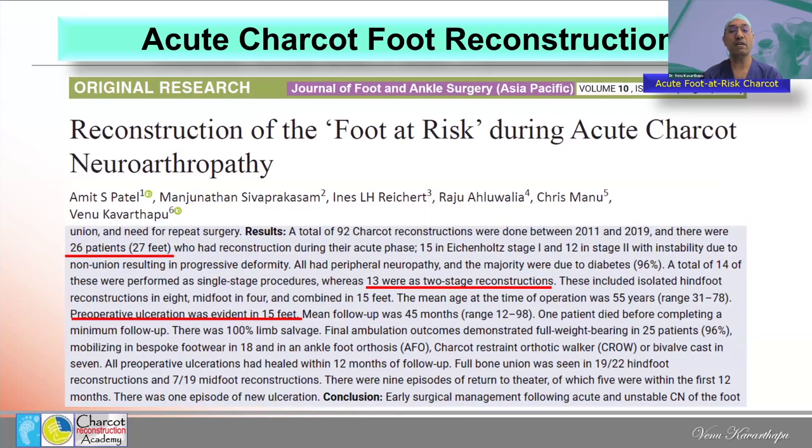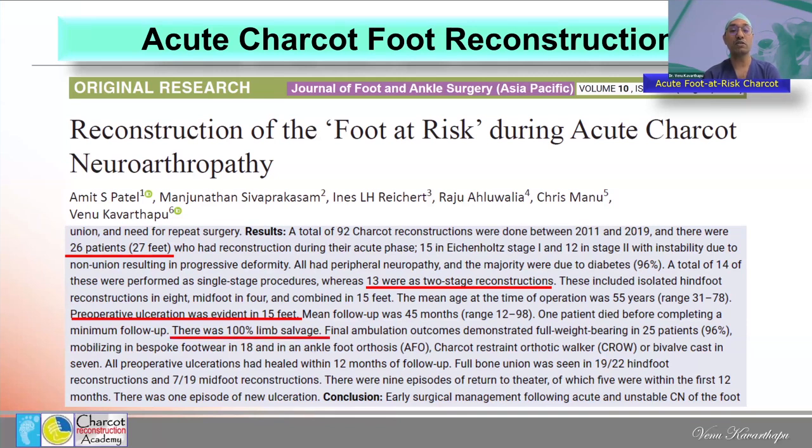So we have gone through 26 patients with 27 feet that had undergone acute foot at risk, acute Charcot reconstructions during stage 1 and 2 of the disease. Stage 1 and 2 with associated instability means the bone deformation or bone fragmentation is so severe that the part remains unstable or wobbly.